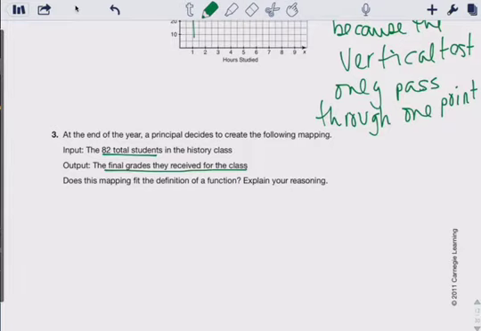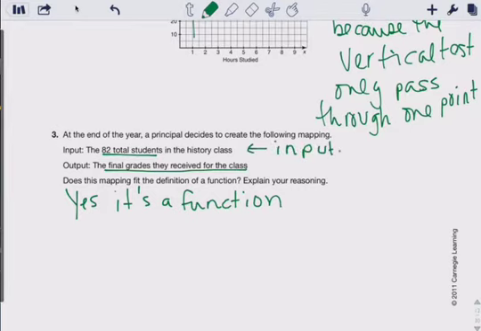Yes, it is a function. You cannot duplicate a student. This is the input. Can't duplicate a person. Can't clone them. Not at that same age.